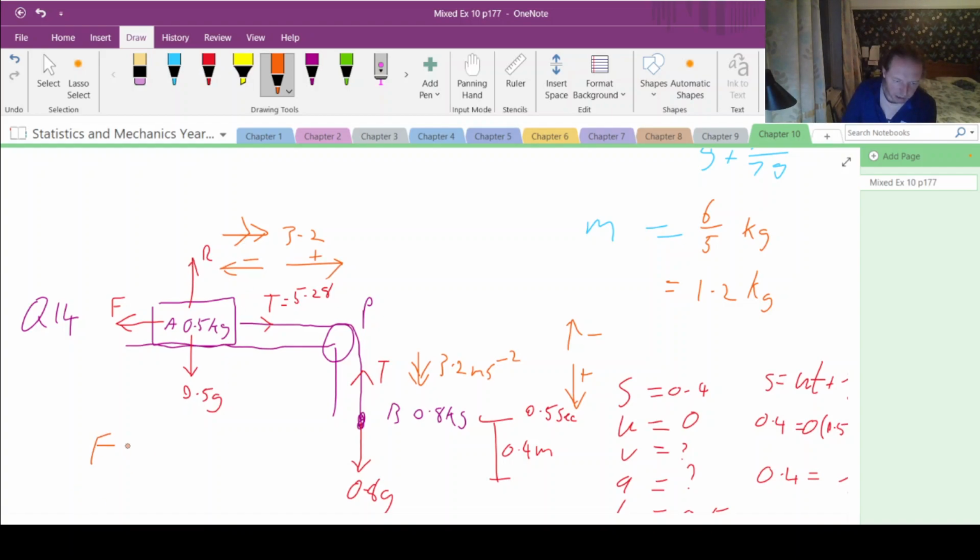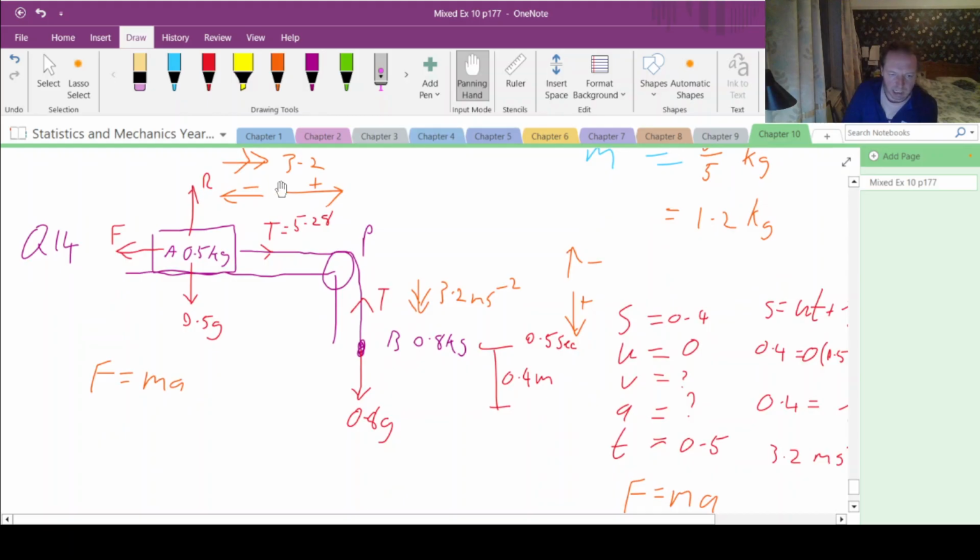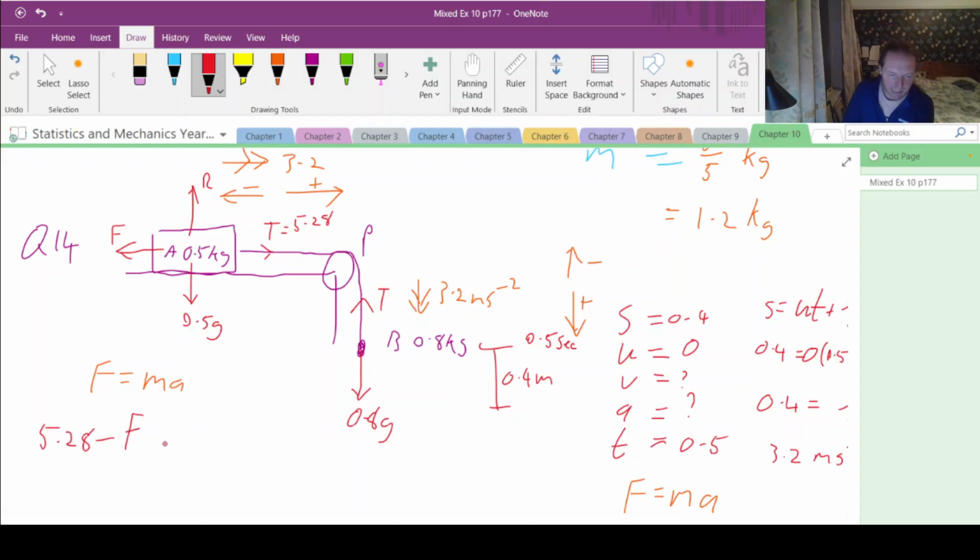So the force of 5.28, take away the F force on the back, is equal to the mass, 0.5, times 3.2.